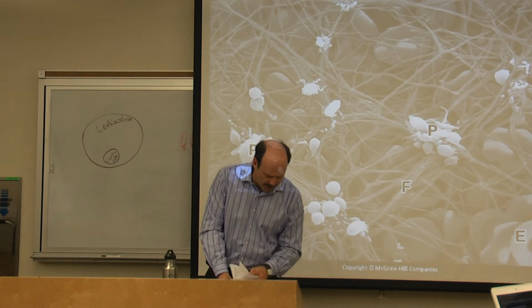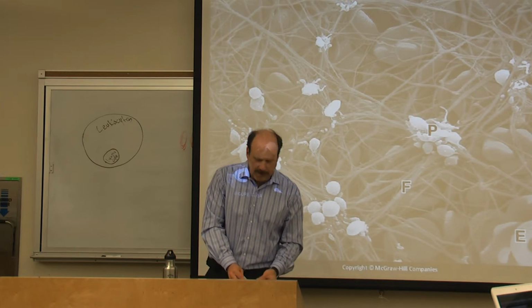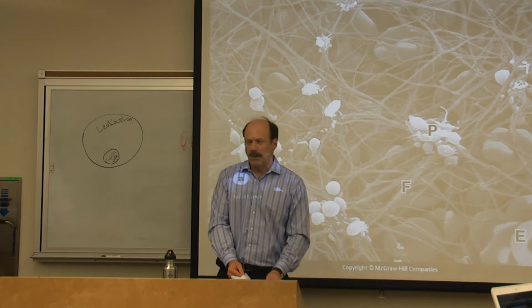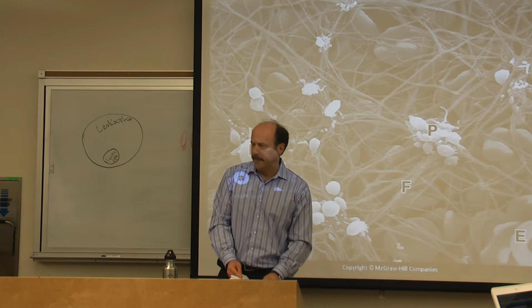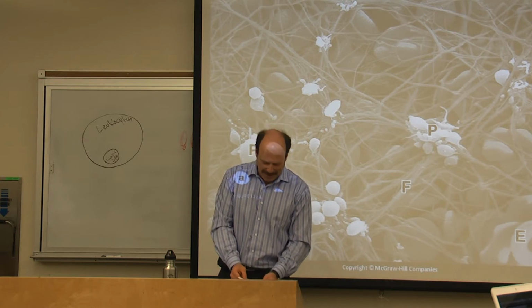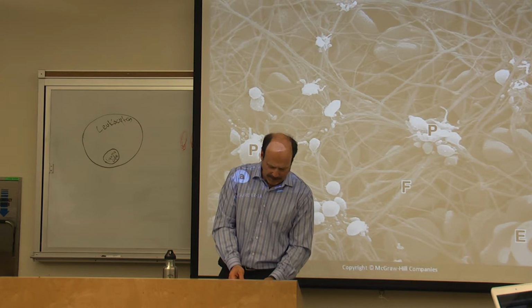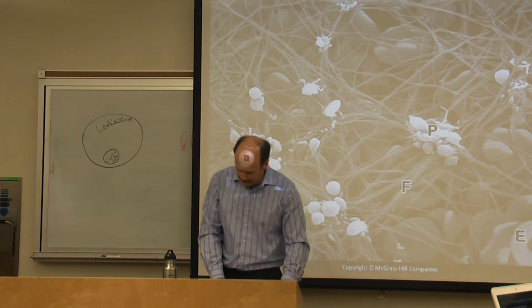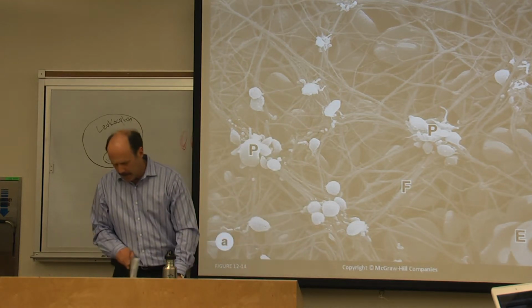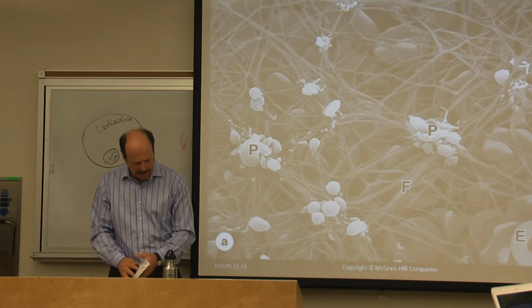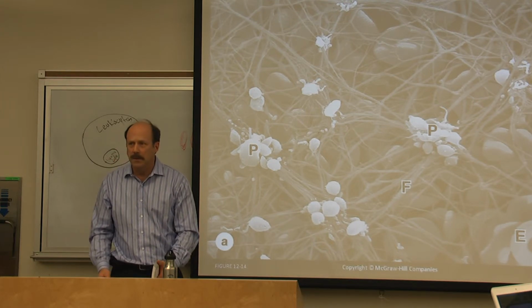Because as histologists, that's another important thing. It's all about the picture, and it's all about the magnification of the picture. How many times was this magnified to see this particular thing? Come on, this is an easy one. What do you think?